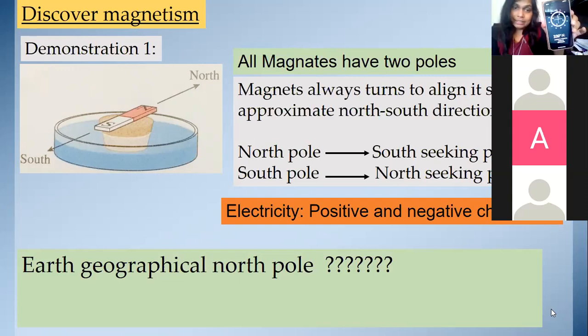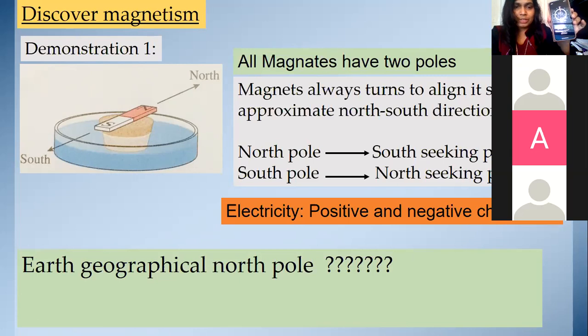Now we learned here that the North Pole is a south-seeking pole. So here's a compass, and the compass's North Pole is pointing to the geographical North Pole of Earth. But here's the theory: the North Pole of a magnet is a south-seeking pole. There's a little mismatch in there, right?